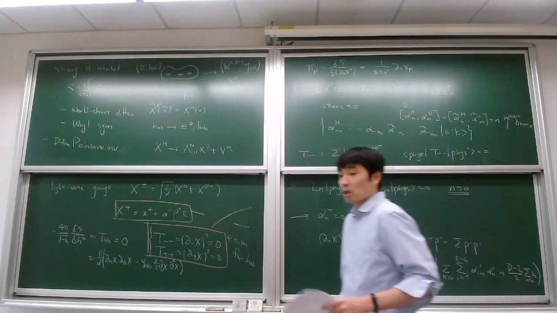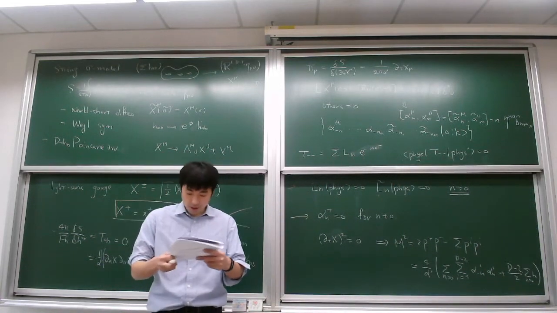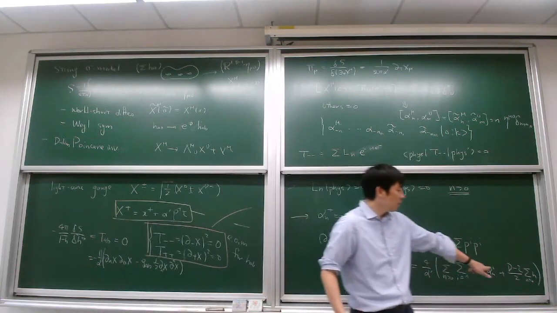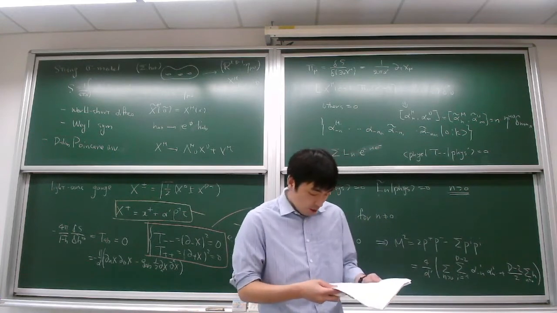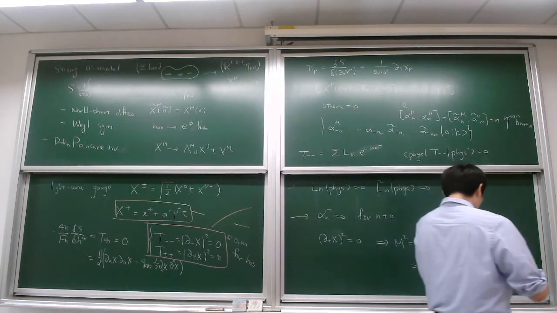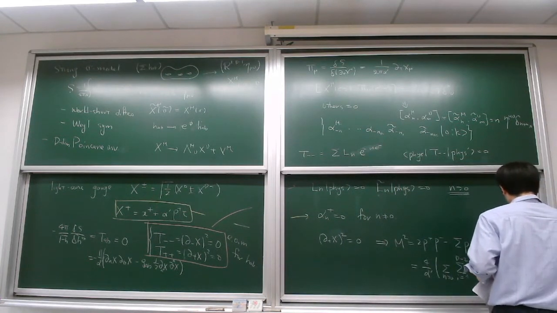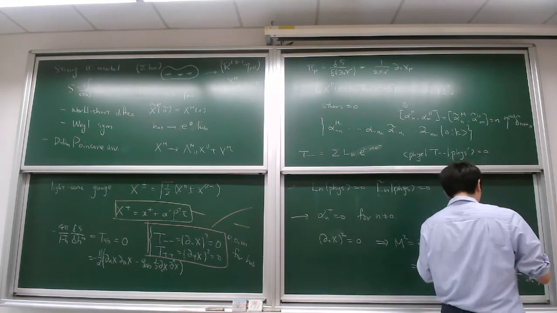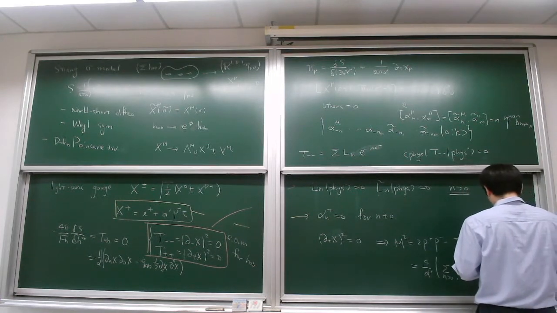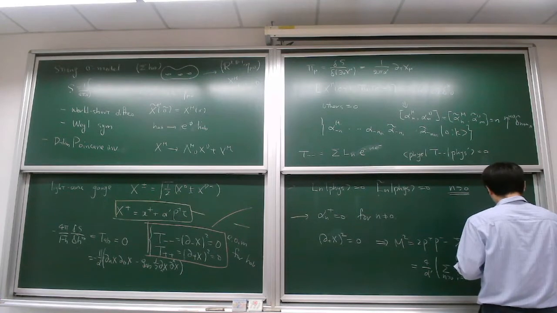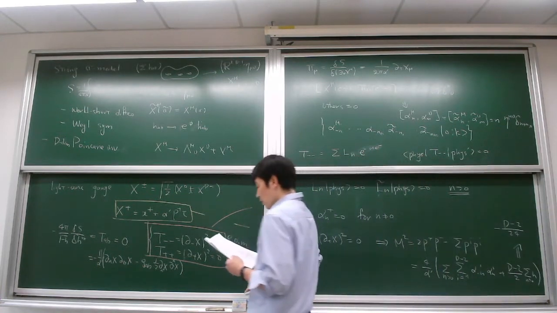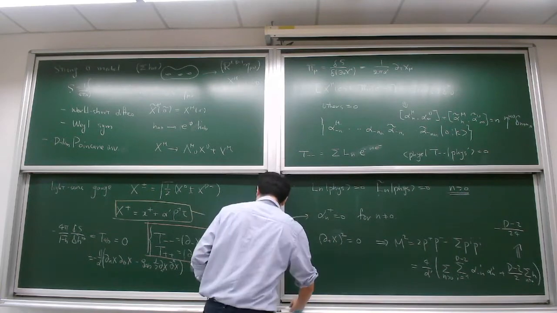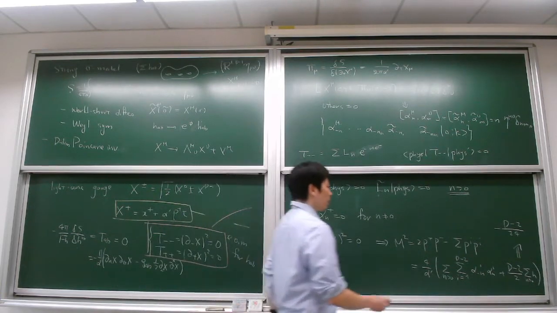So that's what we have learned last time. We just use some regularization of this term, and here we get d minus 2 over 24 by using regularization, and we define this number operator.